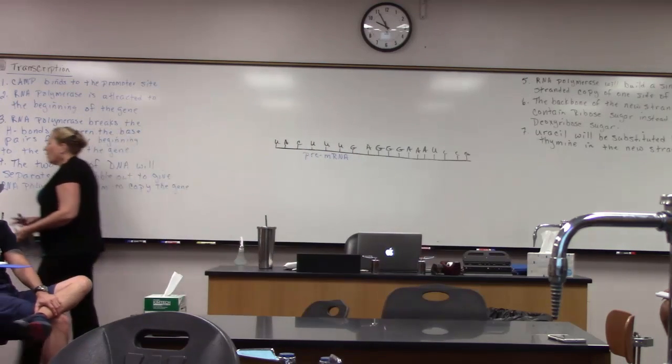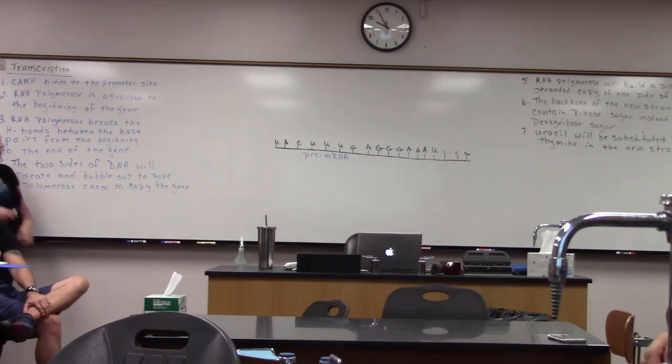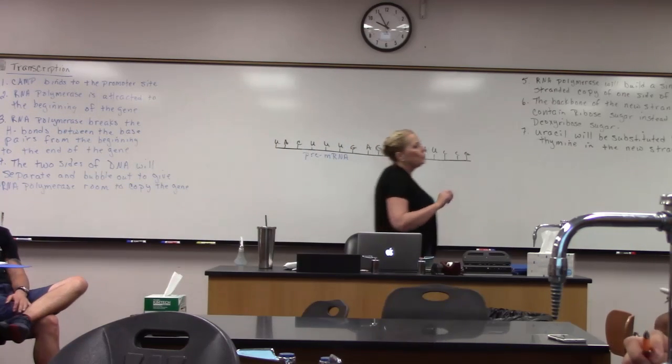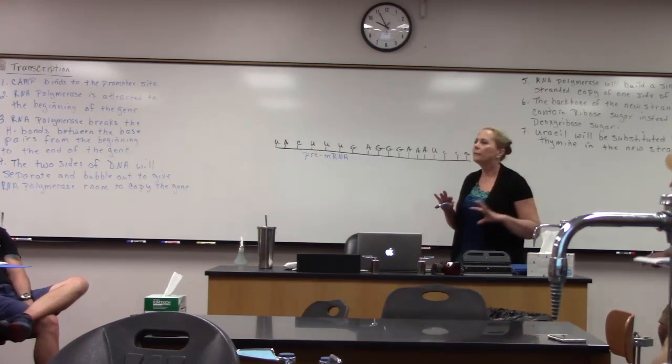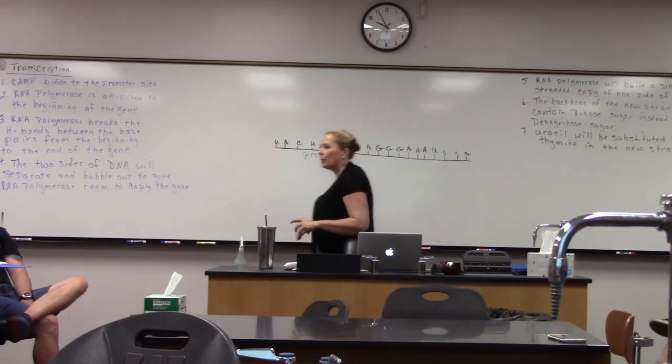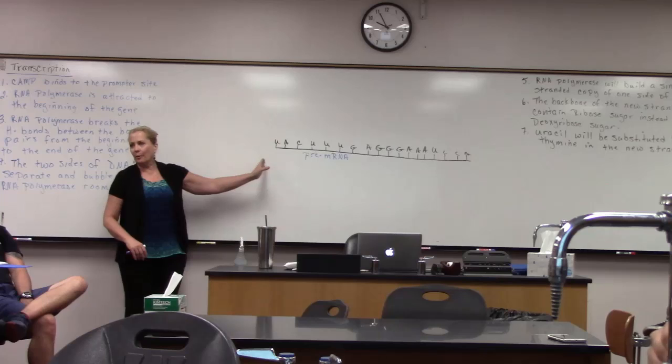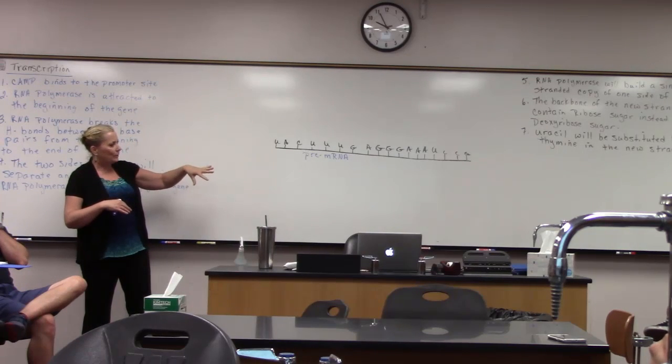So the next thing that RNA polymerase is going to do is it has to do something to let the different organelles in the cytoplasm know which end is which. Which end do we start with, which is the beginning, which is the tail.